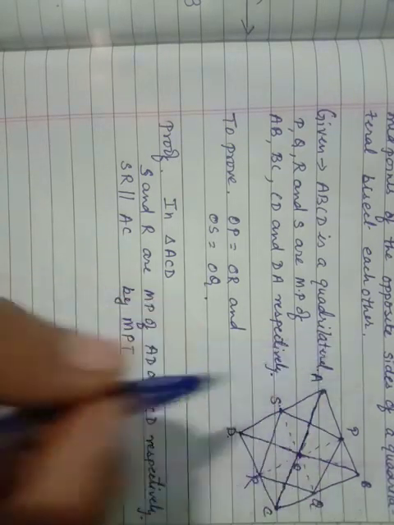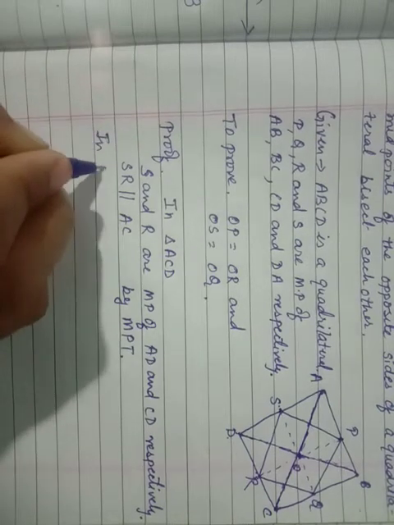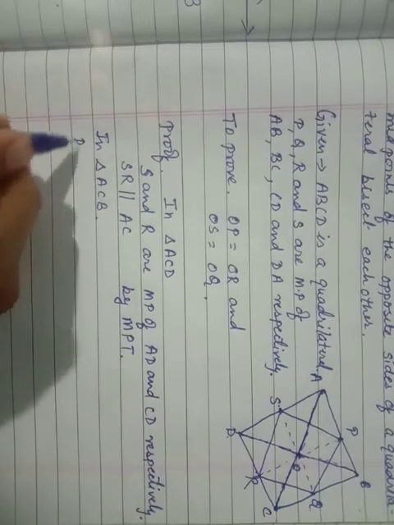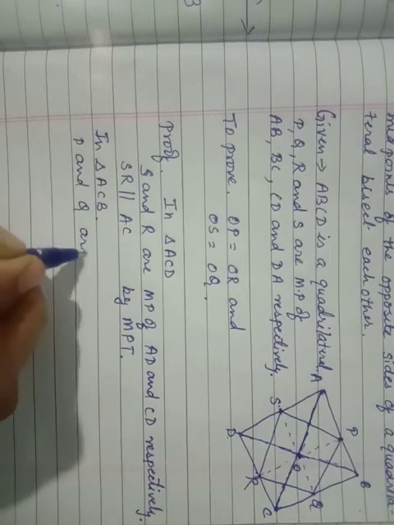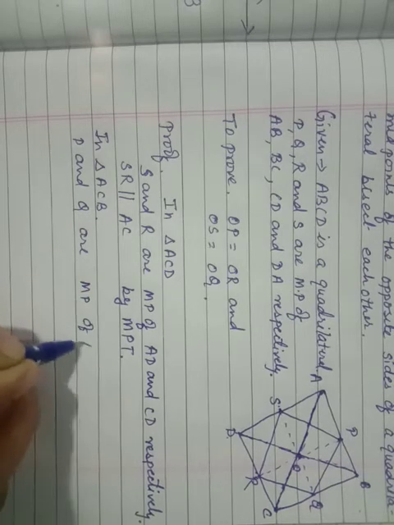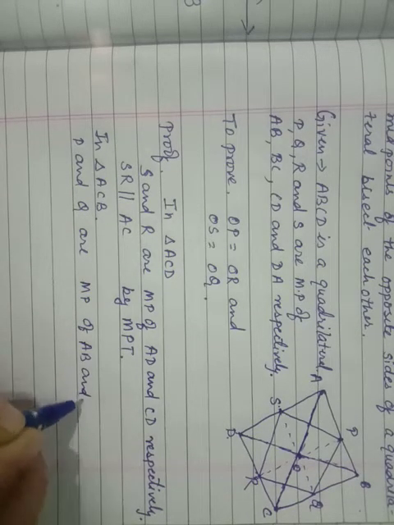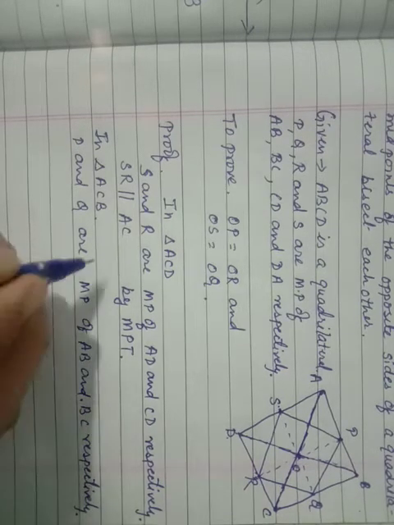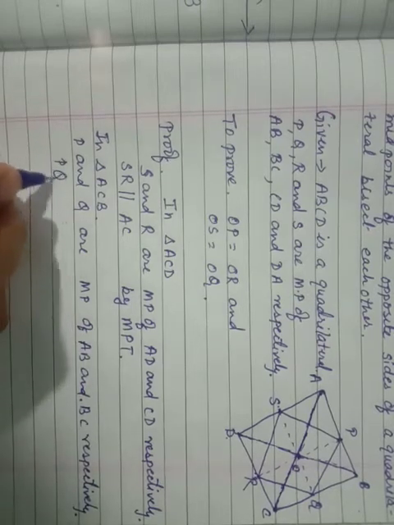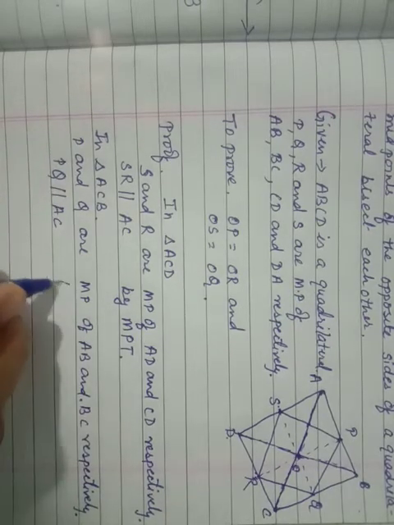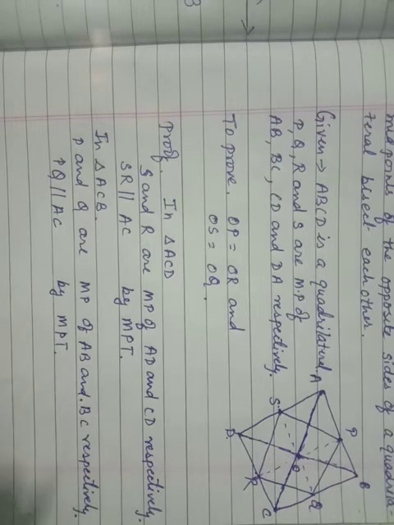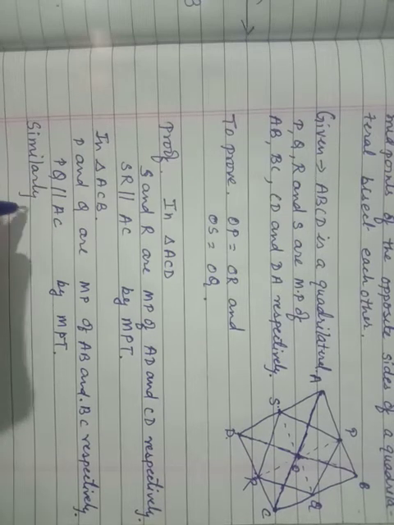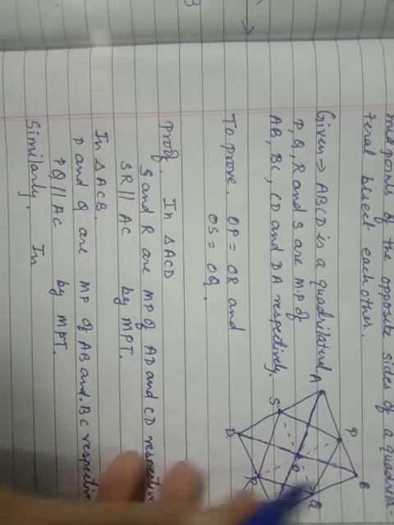Now you consider triangle ACB. In triangle ACB you can see P and Q are the midpoints of AB and BC respectively. So we can say that PQ is parallel to AC by the midpoint theorem. Similarly, now you consider this diagonal.